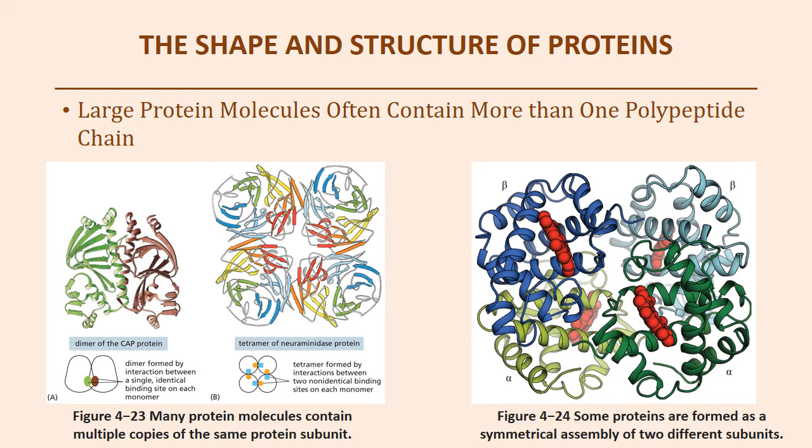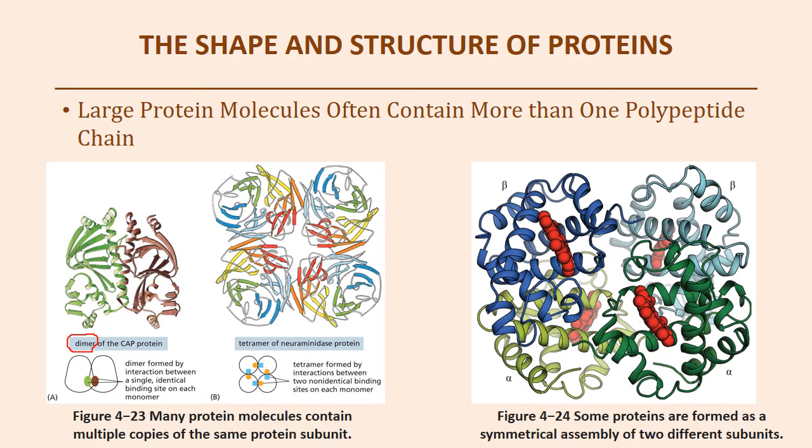Large proteins often contain multiple polypeptide chains, and the reason for that is because we can utilize our non-covalent bonds to bind together protein subunits. And when they combine together in their protein subunits, we can have different ways for this to happen. So for instance, in the illustration on your left-hand side, we can form a dimer. A dimer means that within the binding site, we have an interaction between one and another.